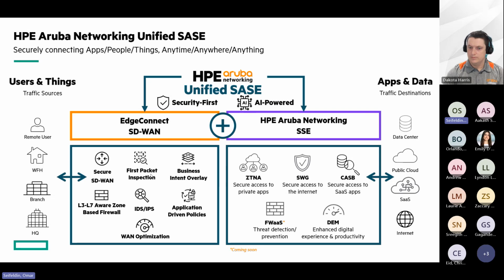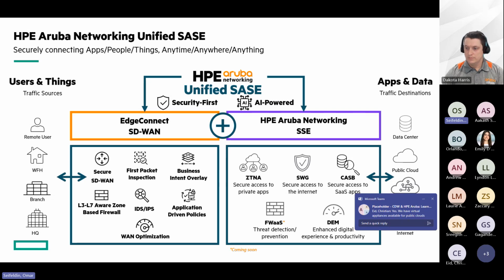Can we integrate with other players in the market? If another customer already invested in Zscaler, for example, can I integrate the Aruba Edge Connect SD-WAN with Zscaler? Yes, you can. And can I integrate the HPE Aruba Networking SSE with another SD-WAN player? Yes, you can.